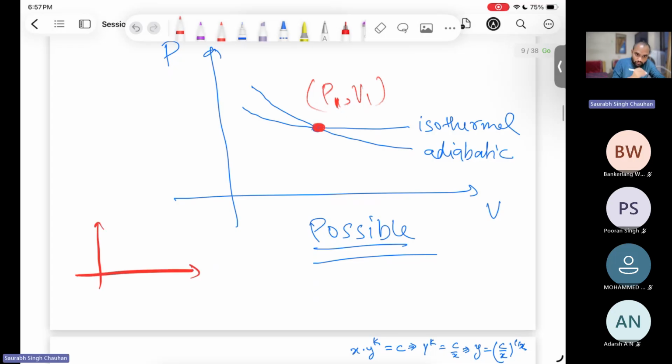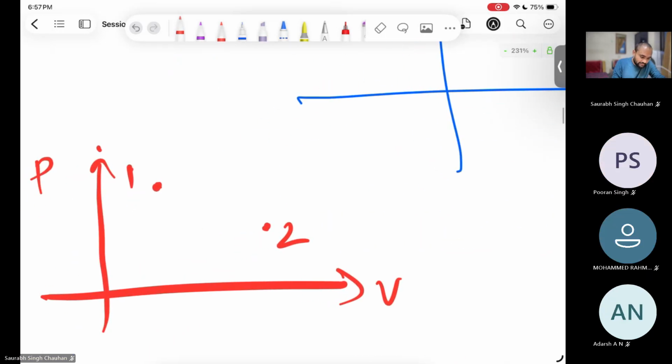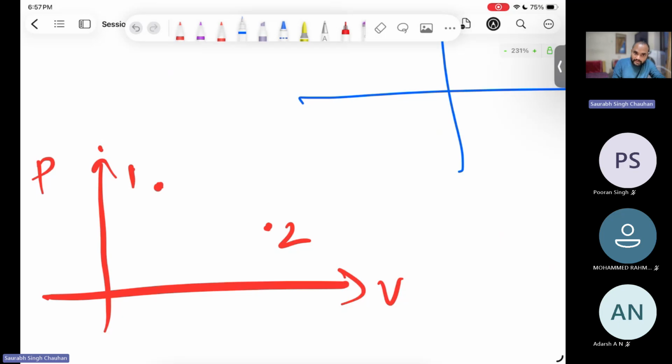If you want to, let us say, calculate the entropy change along two paths, I will give one example. You have two points, point 1 and point 2, and there is some random process between them.